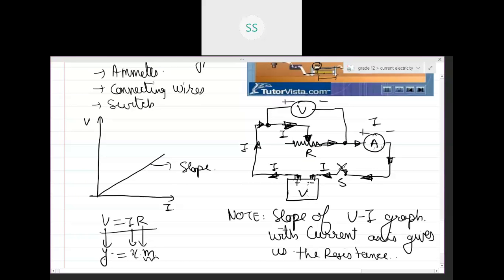So when we say VI graph, V will be on the Y axis and I will be on the X axis. Slope of this graph with the current axis, this angle, slope is basically given by tan of this angle, if you remember. Okay, so more the angle, more will be the slope. The slope of VI graph with current axis gives us the resistance. Is this clear?